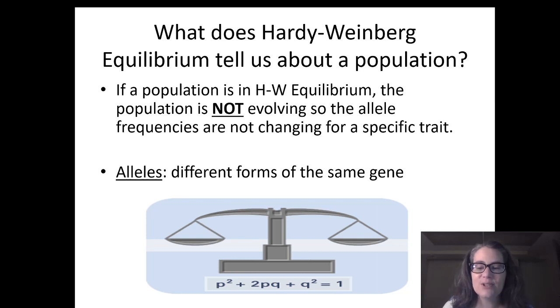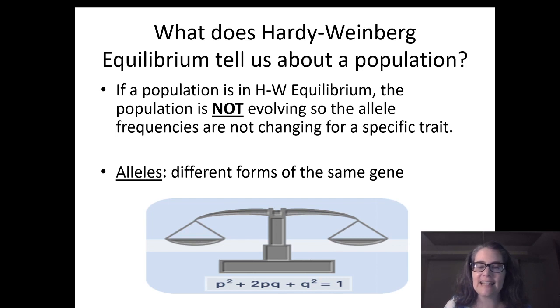Now, in the early 1900s, there were a couple of scientists and mathematicians that studied evolution, and they wanted to plot out what was happening in evolution. Hardy and Weinberg, that's the H and the W, published a theory called the Hardy-Weinberg Equilibrium theory.